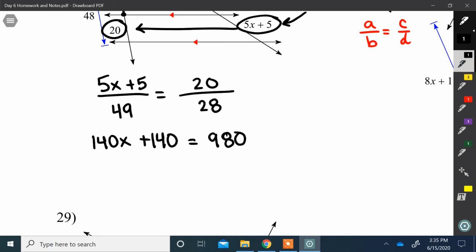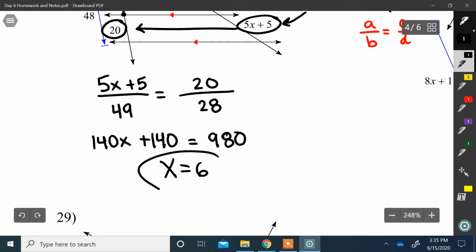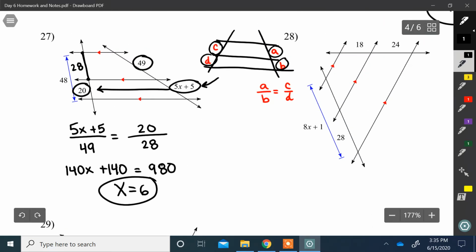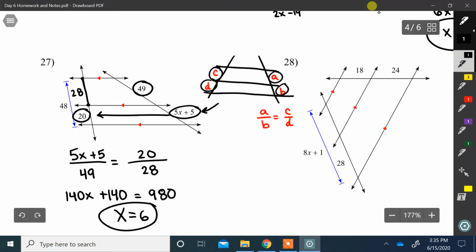Divided by 140, x should equal 6. Okay? So you use this theorem right here in order to do this problem.